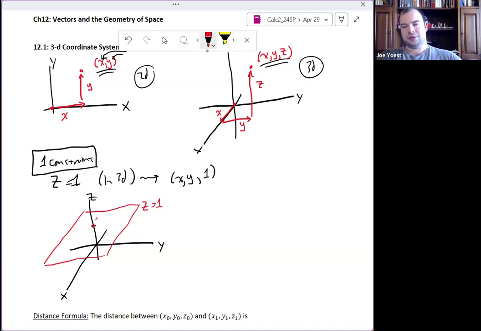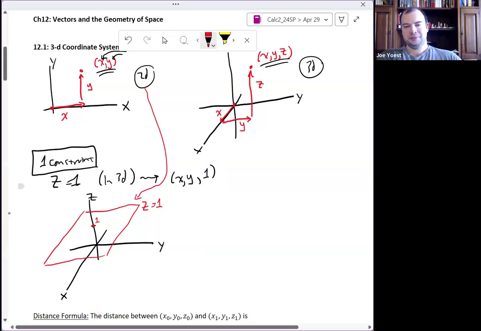So this plane goes through x equals 0, y equals 0, z equals 1, and then extends out in the x and y directions forever. Or it's basically a copy of this 2D plane up here, embedded in 3D. I have the three-dimensional space I'm working with, so I have 3 degrees of freedom.